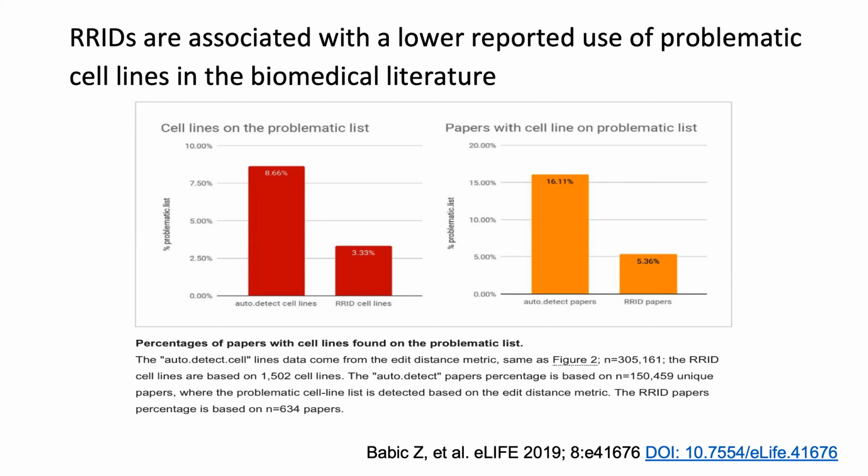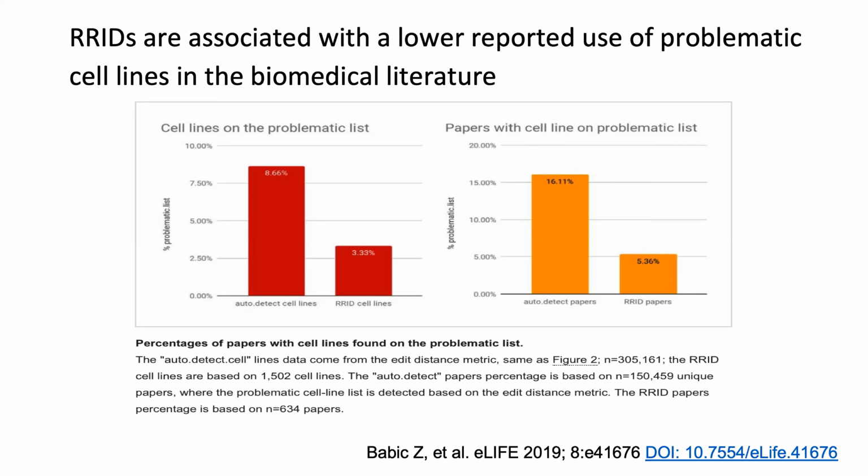In using RRIDs in papers, that are required, we do see less problematic cell lines when people are using the RRIDs. And that is at the publication phase, right?